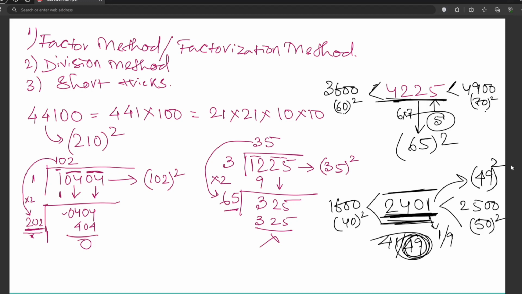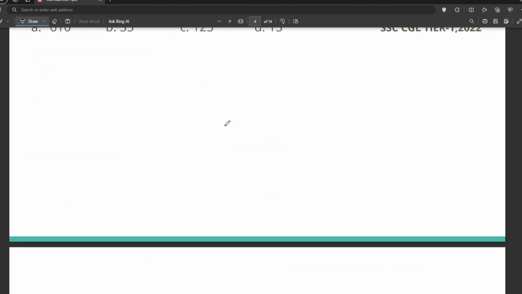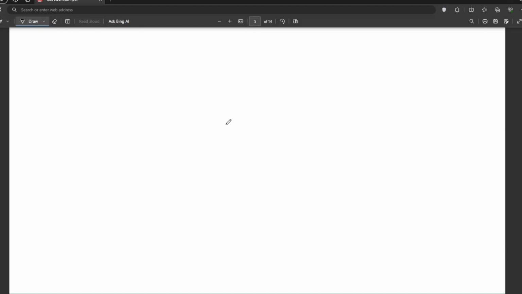And to remember the short trick, we have to understand the unit digit concept, and for that we have to know some special tricks related to squares and square roots.